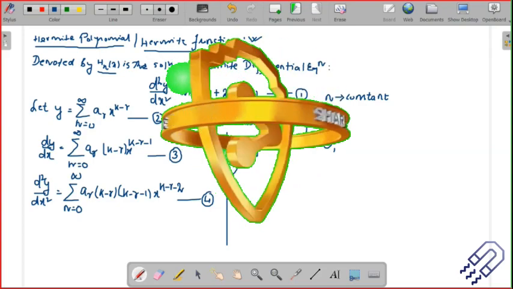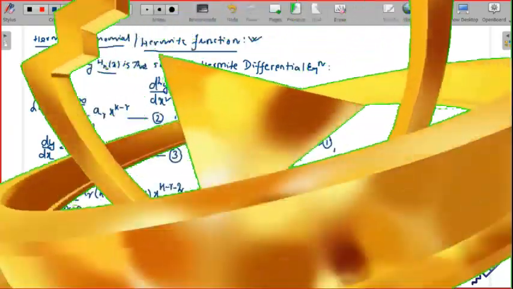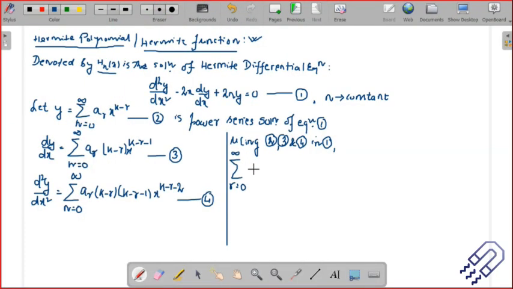What you have to remember is how the Hermite differential equation looks, and what the power series is, and that's it. Everything else is just adjustment. It's kind of long, but you'll get the hang of it if you practice it once or twice. So this is (k minus r minus 1) x to the power k minus r minus 2.